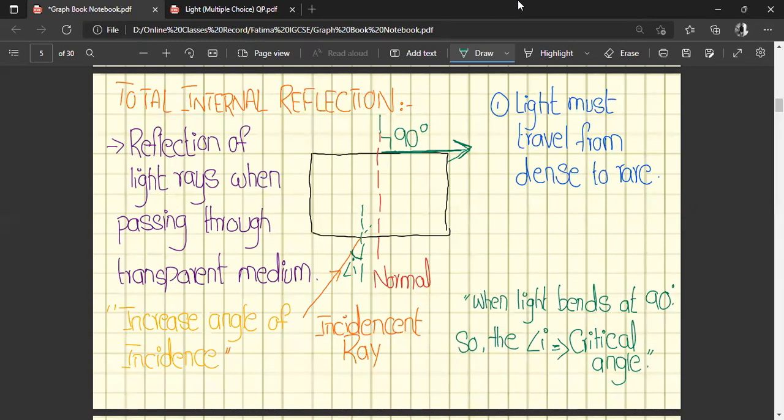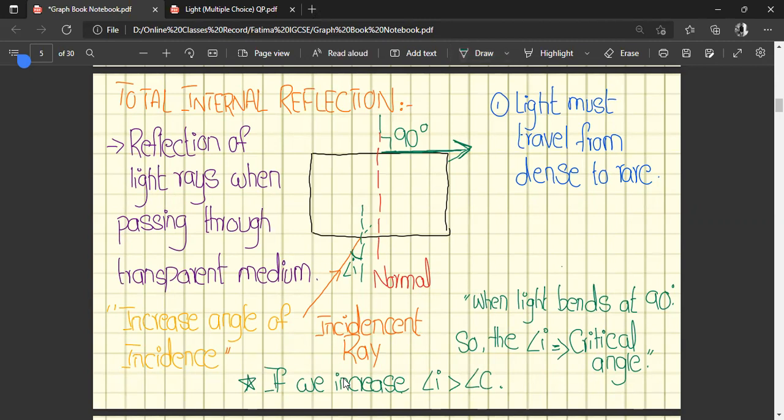Which means that if we increase the angle of incidence greater than the critical angle, at this point the light rays start to reflect, or completely reflect, through the glass medium or the dense medium, right?